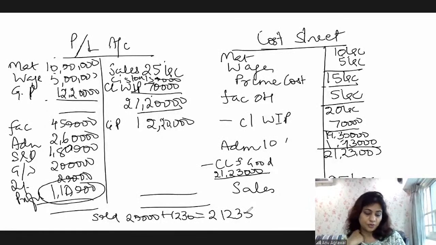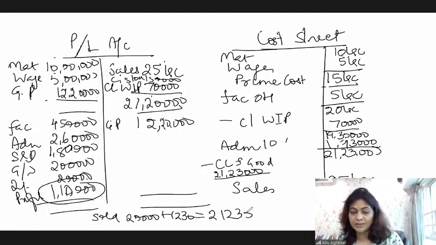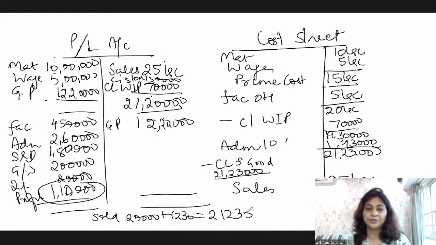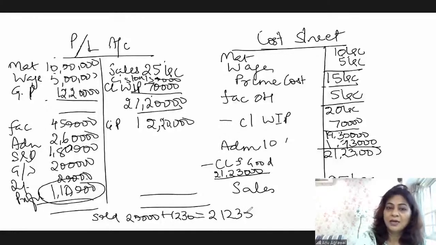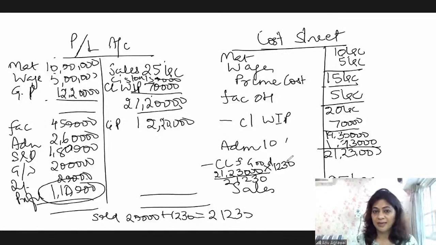Yes or no? Sold, in the question they have written 20,000. Closing stock is 1230 units. That means 21,230 units they would have produced. If 1230 is my closing balance, then in that situation, what is the value of your closing stock? Anyways, you can see it is coming out to be 100 rupees per unit. So 21,23,000 divided by 21,230, 100 rupees per unit.